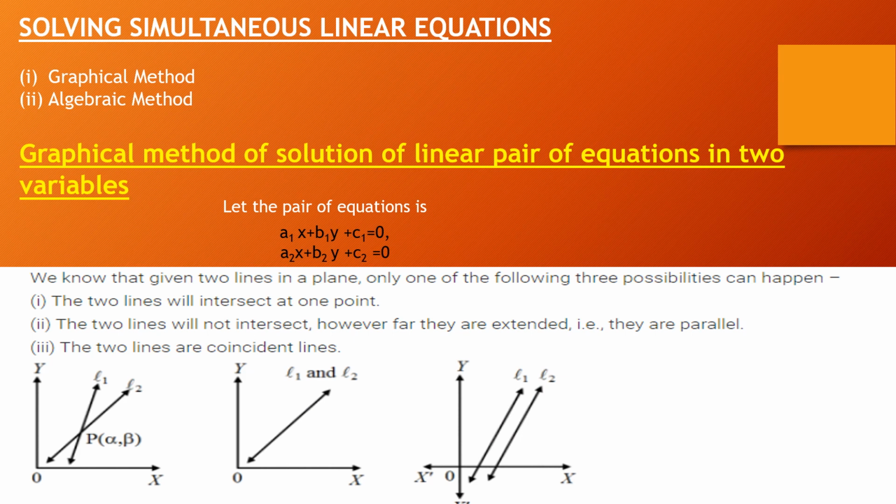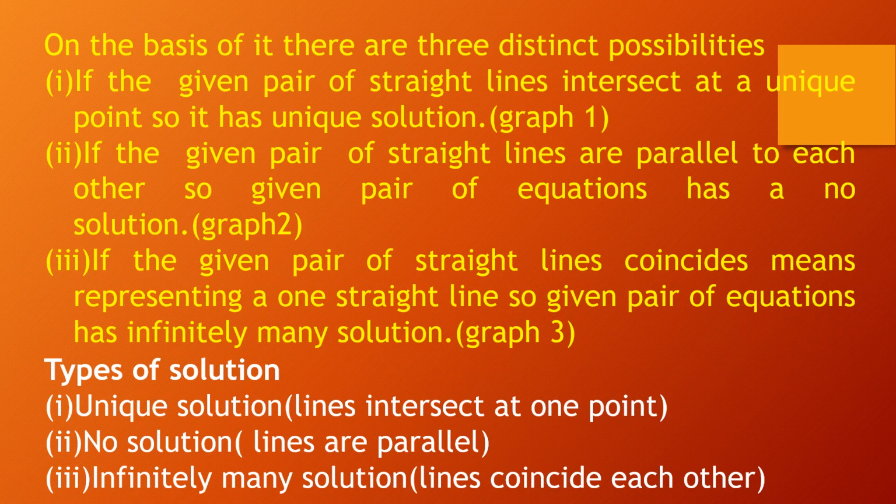When two straight lines are represented in a plane, what type of plane? XY plane, or a coordinate plane. So there are three possibilities here. The two lines will intersect at one point, or they are parallel, or the two lines are coincident lines. In the last slide, we saw that the pair of linear equations represents two straight lines.